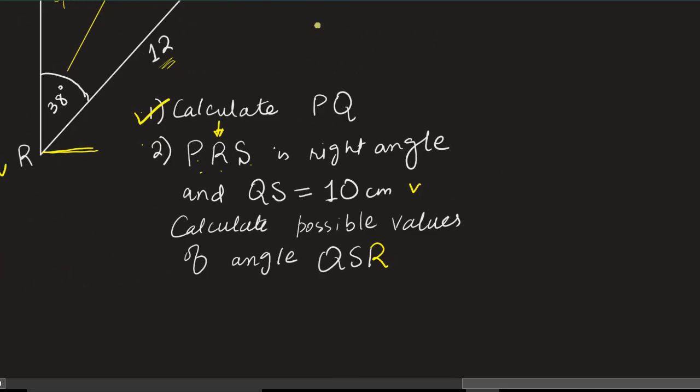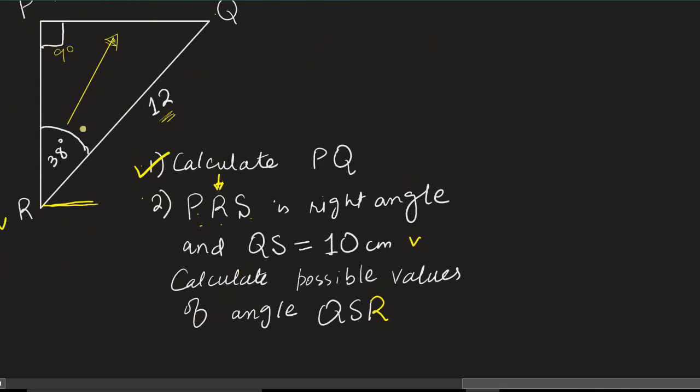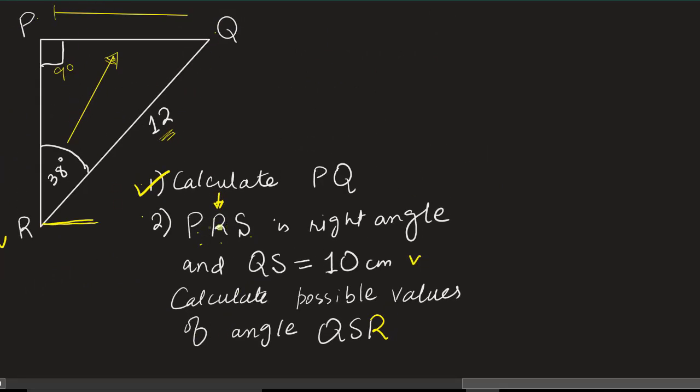Now the question says that for QS, we have to draw a line from Q which joins this horizontal line at a point S, which is 10 centimeters. And we need to find QSR. Focus on the middle.